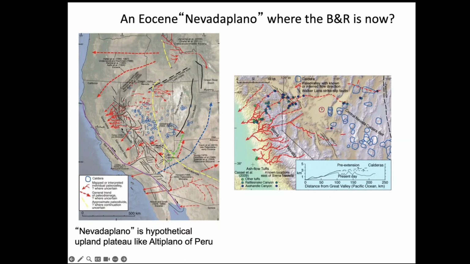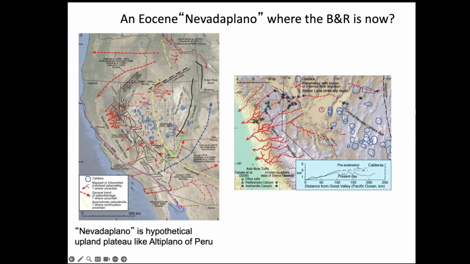The California gold rush focused originally on these deposits. Okay, so we don't see the source of these rivers today. They somehow have to be in this region, and so this must have been a higher region than this region in order to provide the water and sediments needed for that.